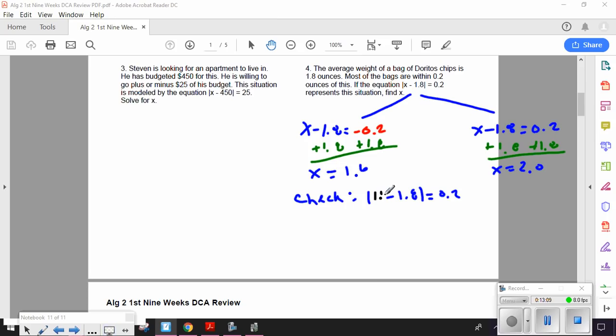So 1.6 is first. 1.6 minus 1.8 is negative 0.2. The absolute value of negative 0.2 is positive 0.2. So this solution does check out.